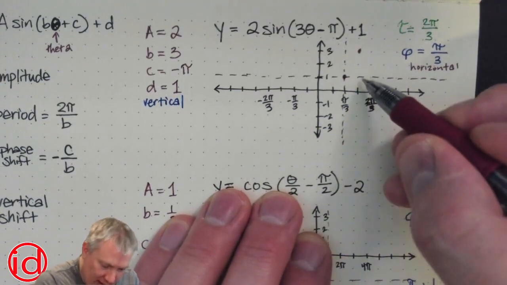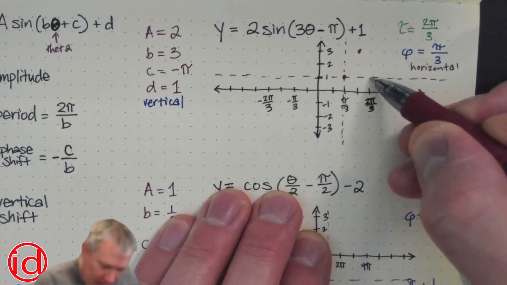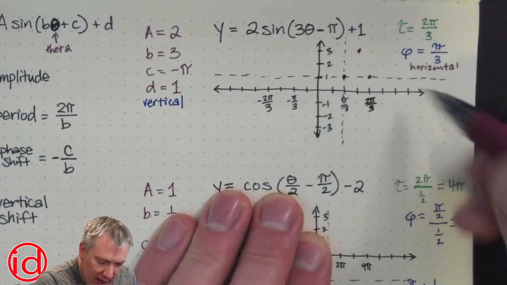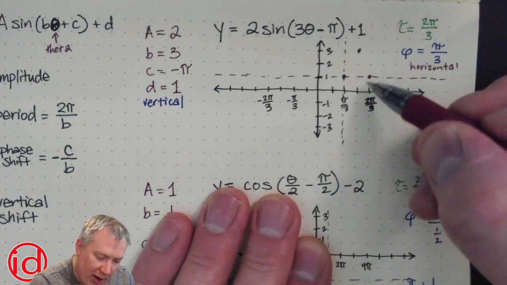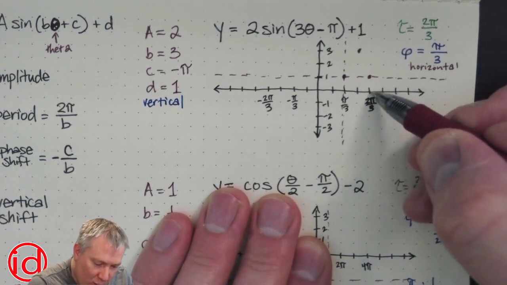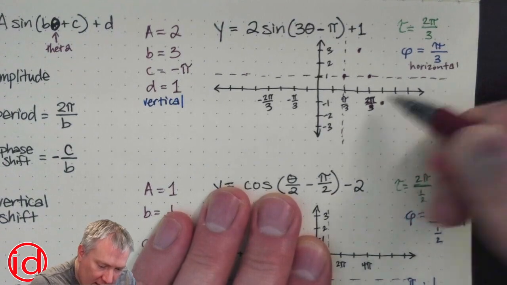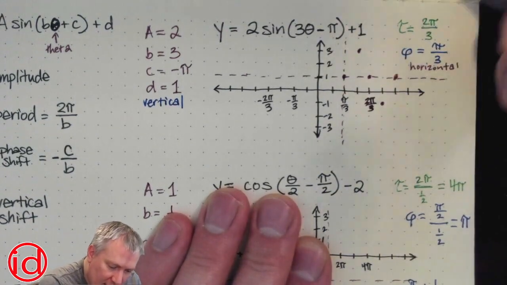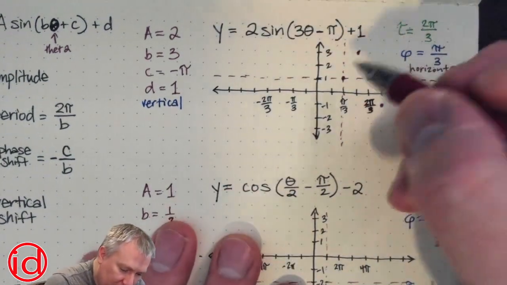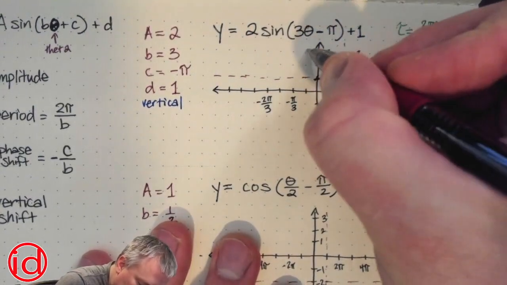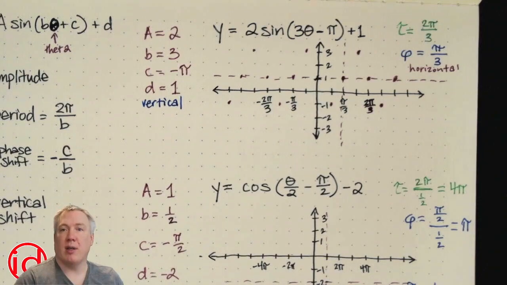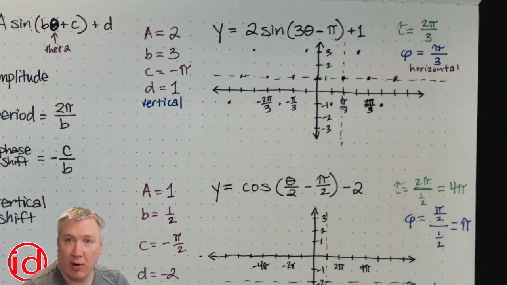Then back to the middle. And this dashed line now is this nice new midline I can base everything off of. Now I need to go down to the bottom. Well, that's down 2, to here at the next tick mark. And so you can see that now I'm going to continue that pattern in both directions. And once I have that pattern, I can go ahead and graph my sine graph.